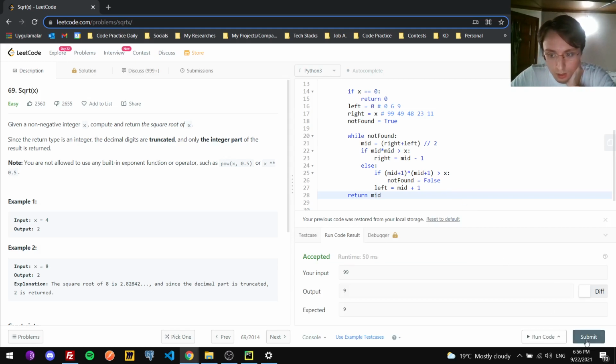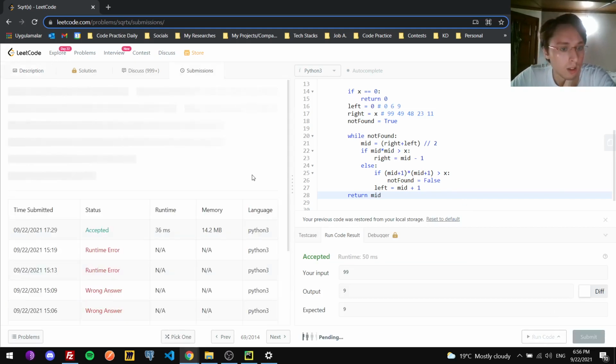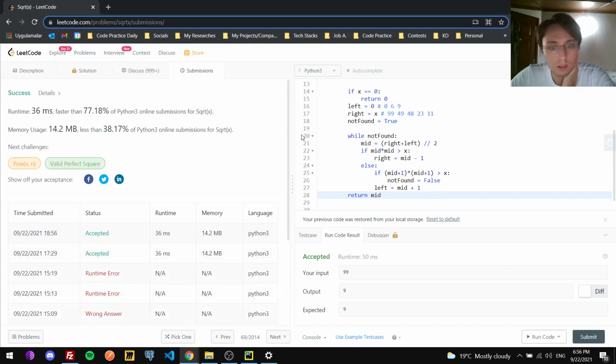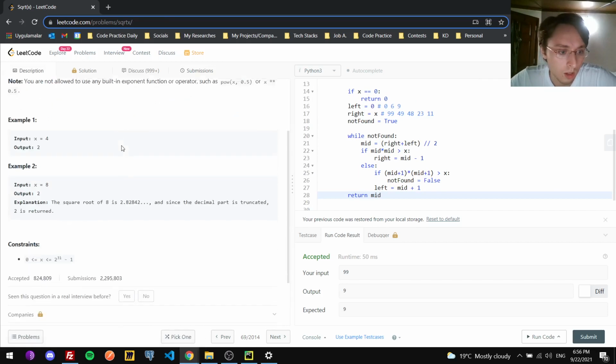All right, so let's submit it. Yeah, so the runtime is good because we have log n. The memory usage we don't care about because we're not using any space.